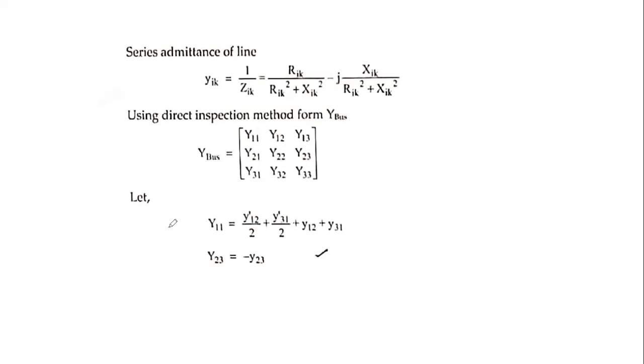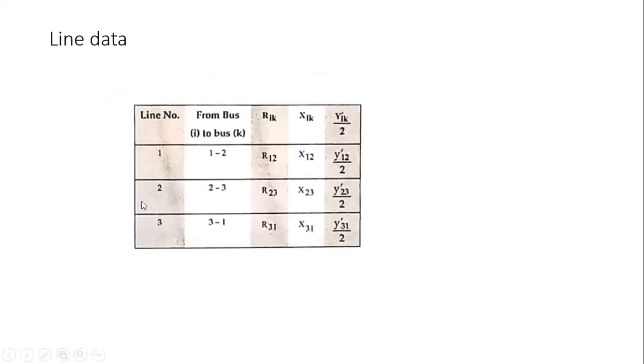Y11. While observing the table, the line data, in that Y11, 11 means the lines 1 to 2 and 3 to 1.